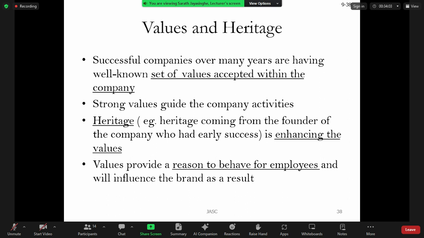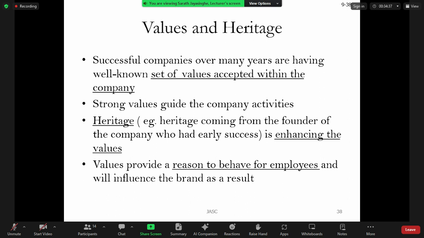Strong values guide the company activities because when there is a set of values, those values guide the company, the behavior of the employees, right? Heritage means that it happens at the top management level. Heritage comes from the founder of the company who had early success, enhancing the values. Values provide a reason to behave for employees and will influence the brand as a result, right?